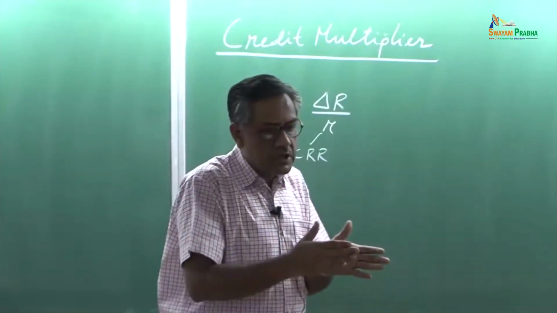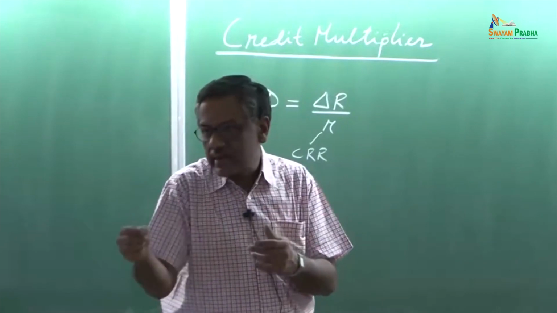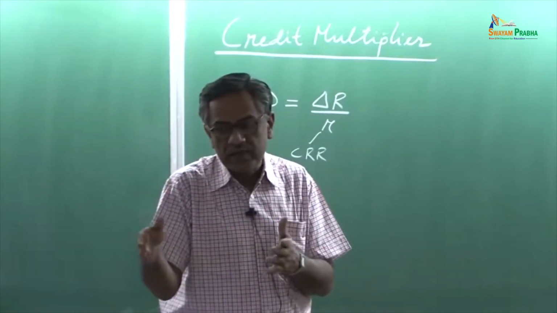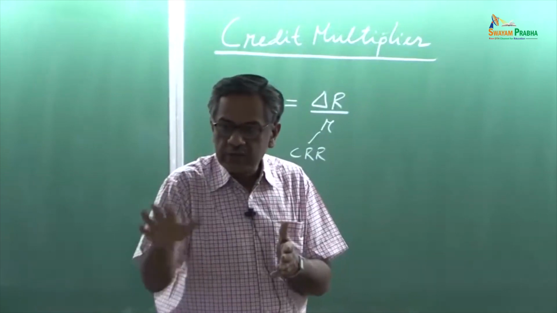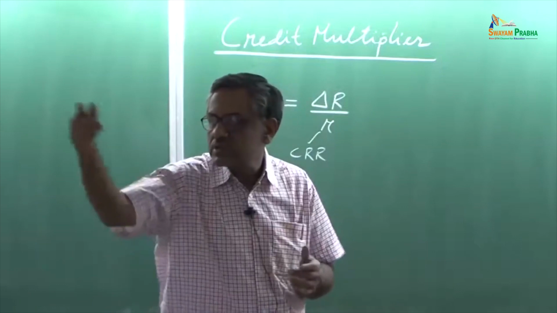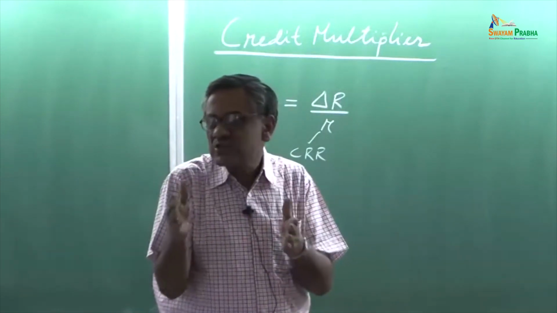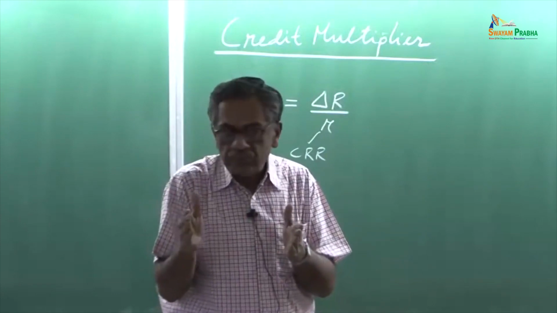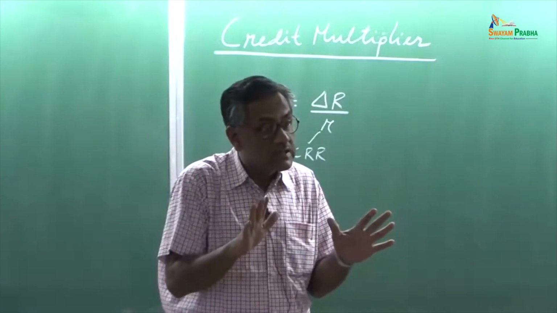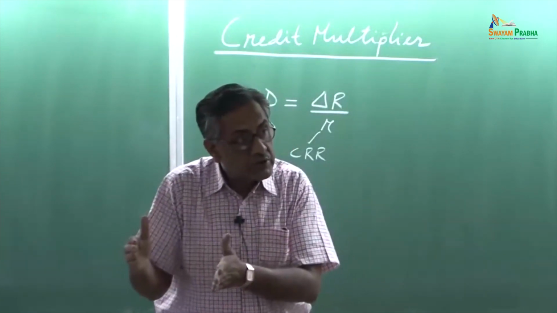It leaves in the form of a check which he goes and deposits in his own bank, assuming he has an account, and again when it leaves in the form of a check to somebody who goes and deposits in his bank. And there is no cash part of that money that remains in the economy. Number one, very simple assumption. Otherwise, it will be only a portion of that loan getting deposited in another bank.